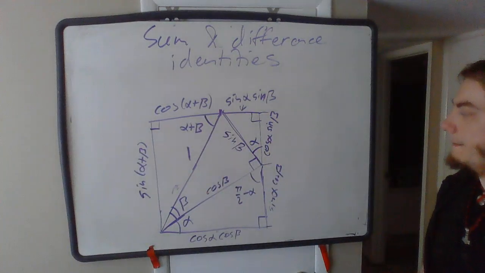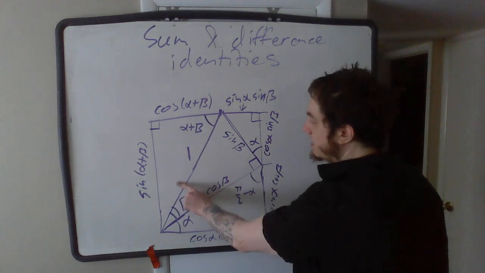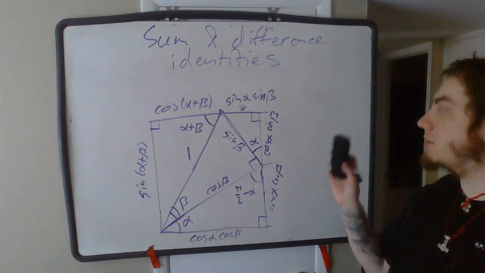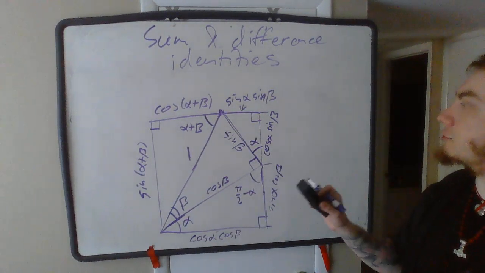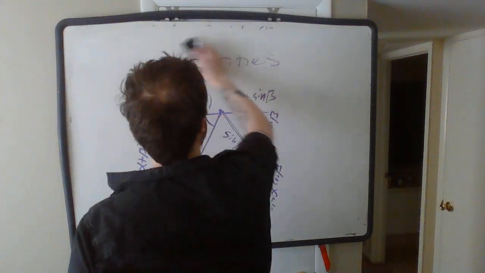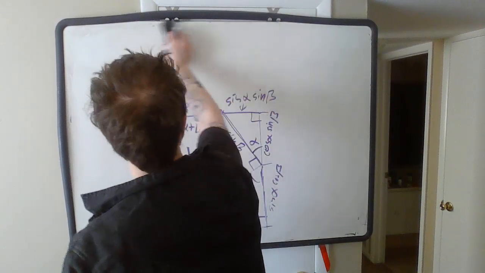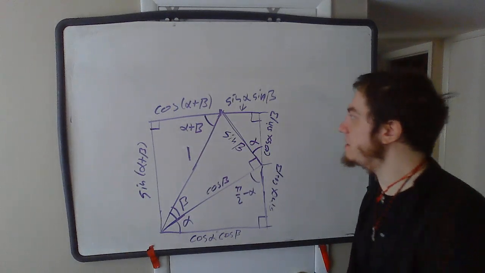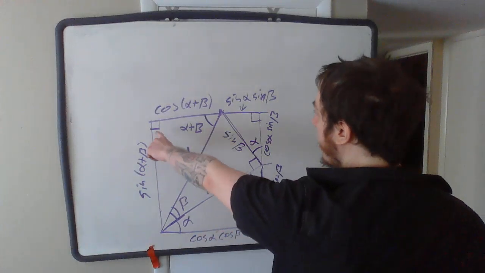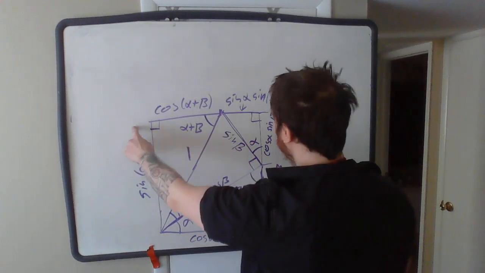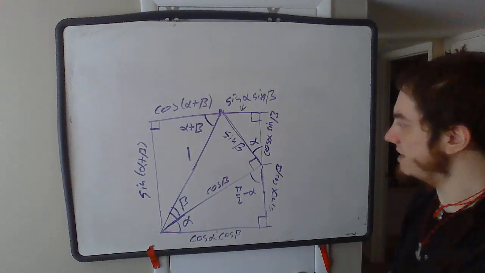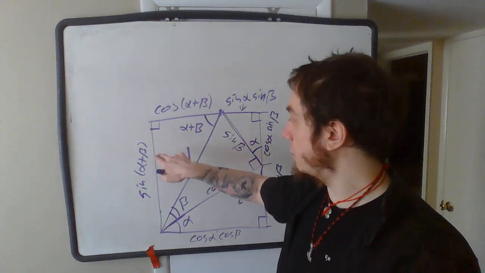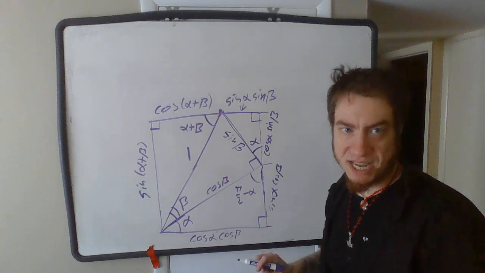Okay, so we have this enormous kind of mess here, but the good news is this actually tells us the sum identities. Why? Because I can compare the length of the left-hand side and the length of the right-hand side. This is a rectangle, so the left-hand side and the right-hand side have to have the same length.